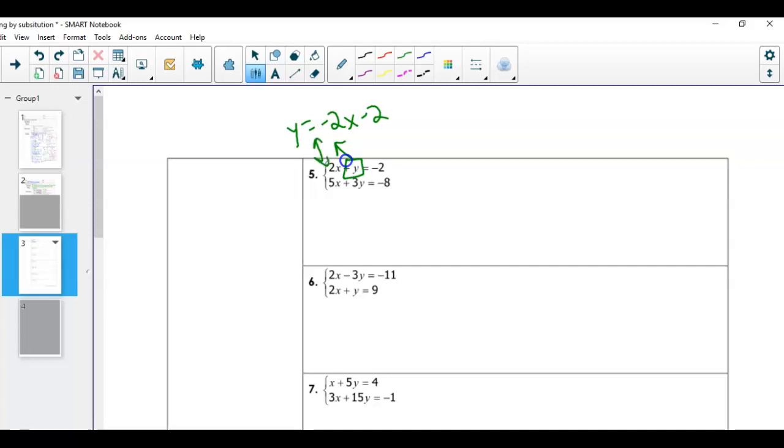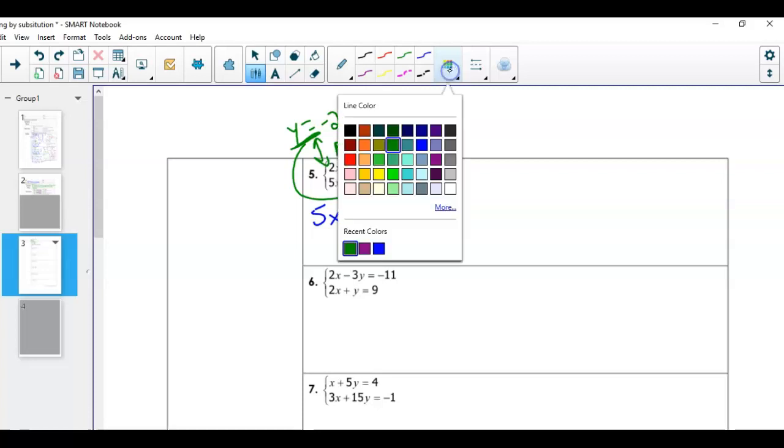Now I have an equation that is just y equals, so I'm going to put this equation into the y value of the other equation. And remember, we solved this for y already, so it needs to be what we solved, not the original in this case.